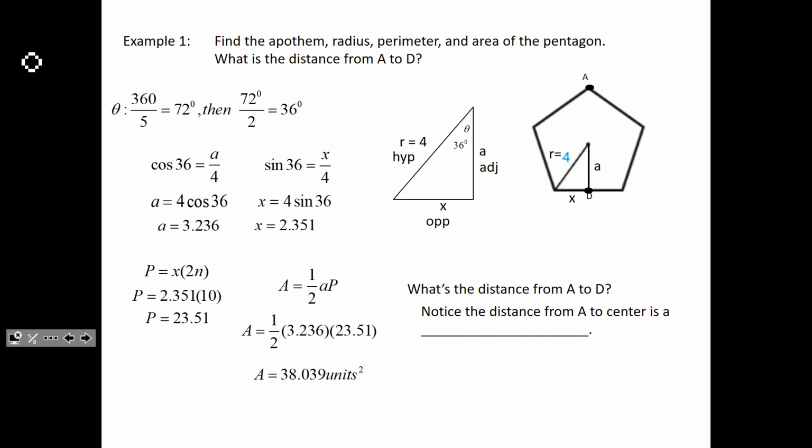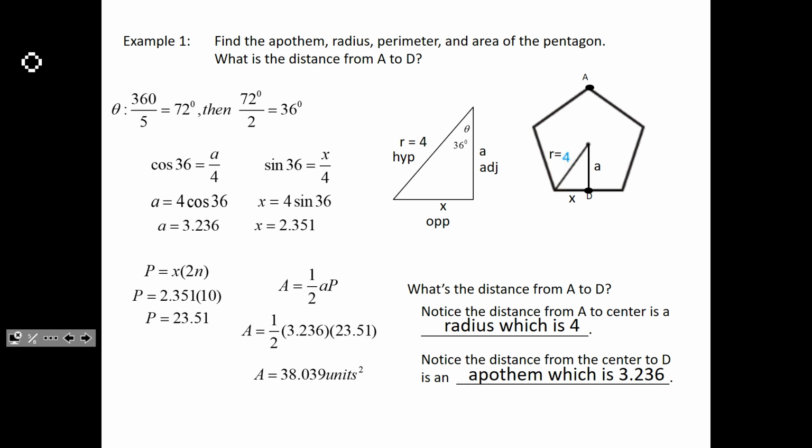So from A to the center, what would we call that? A radius, right? So we need the radius. And then from the center to point D, what do we call that line? The apothem, which we said was 3.236. So if I want to know the distance from A to D, all I'm going to do is what? Add those two together. Very good.